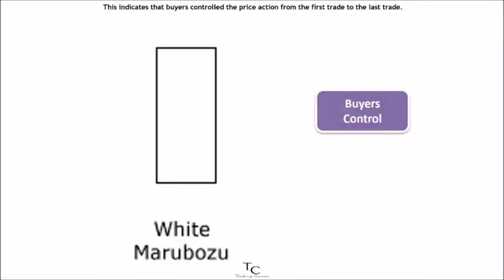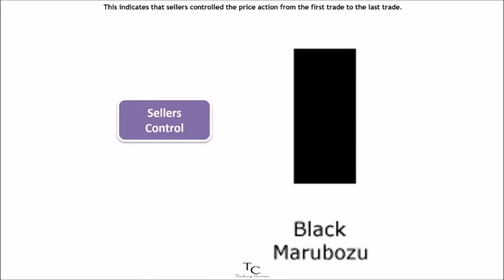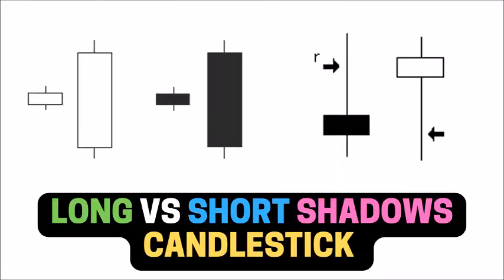This indicates that buyers controlled the price action from the first trade to the last trade. Black Marubozu form when the open equals the high and the close equals the low. This indicates that sellers controlled the price action from the first trade to the last trade.